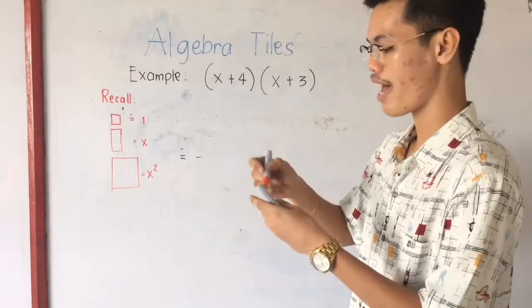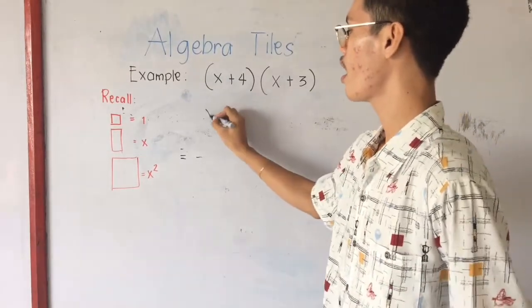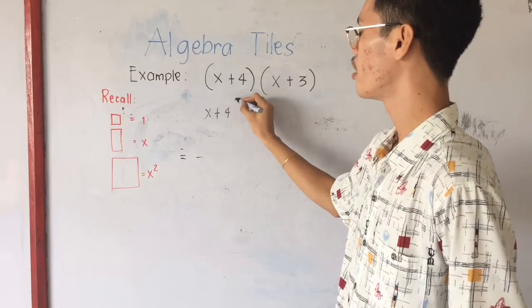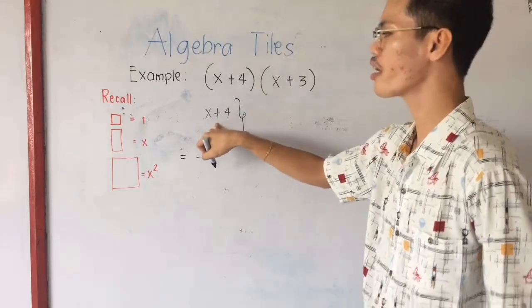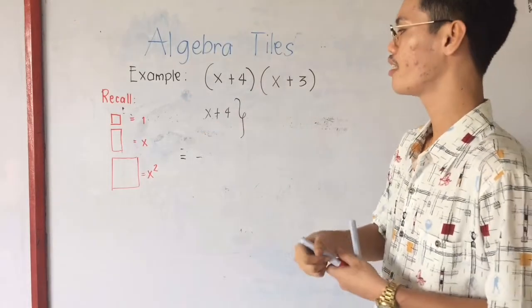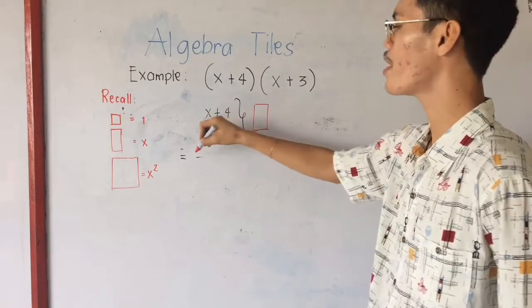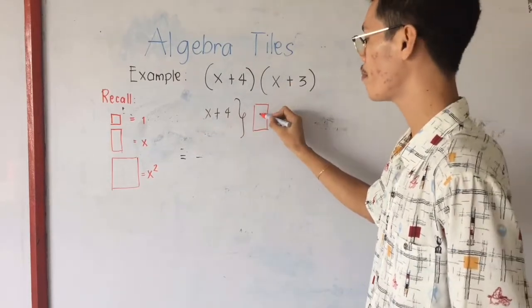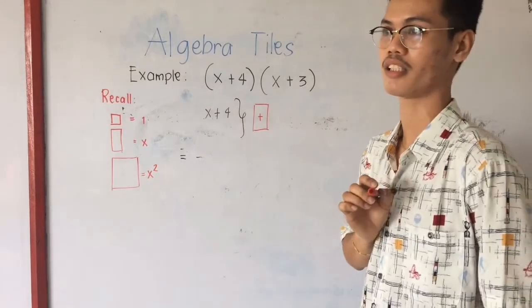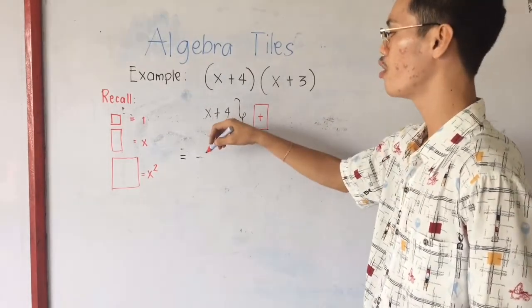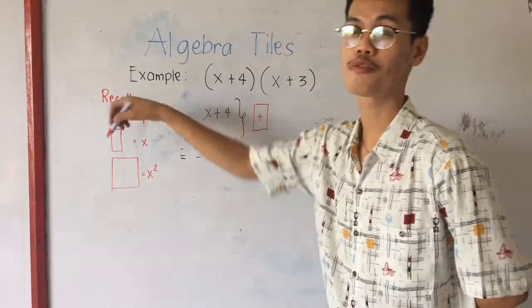So let's say we have x plus 4. By illustration, that is x, one rectangle. Since it is positive, you have to put positive inside the rectangle. And also 4, there are 4 small squares.